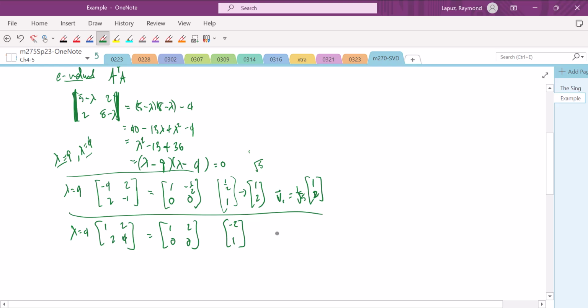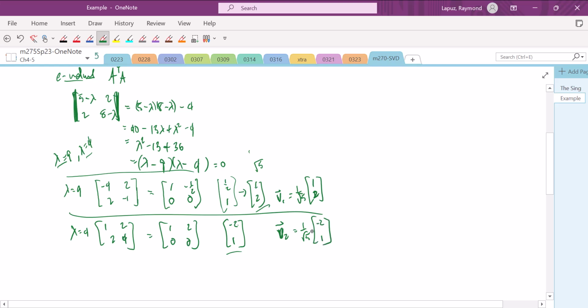And just to make sure that these are orthogonal, if you take the dot product of these two vectors, you're going to get 0. And to make sure that they're orthonormal, you divide by its magnitude. The magnitude, again, is going to be square root of 5, so this is 1 over root 5, -2 and 1.